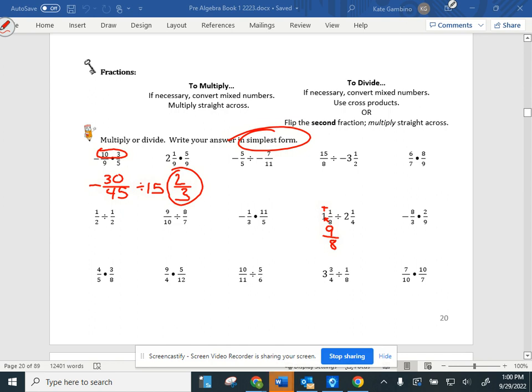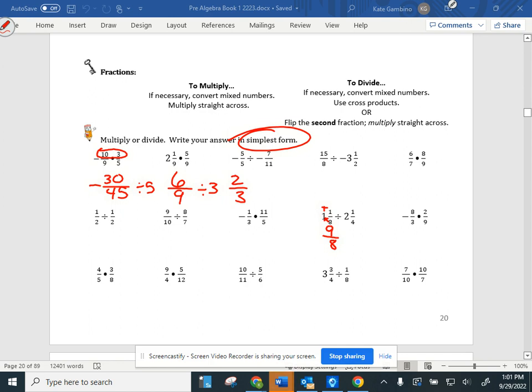Some of us might not have realized that was the greatest common factor, so we might have divided out a 5, and then we would have had 6 and 9. I can still simplify. 6, 9, I can divide out a 3.